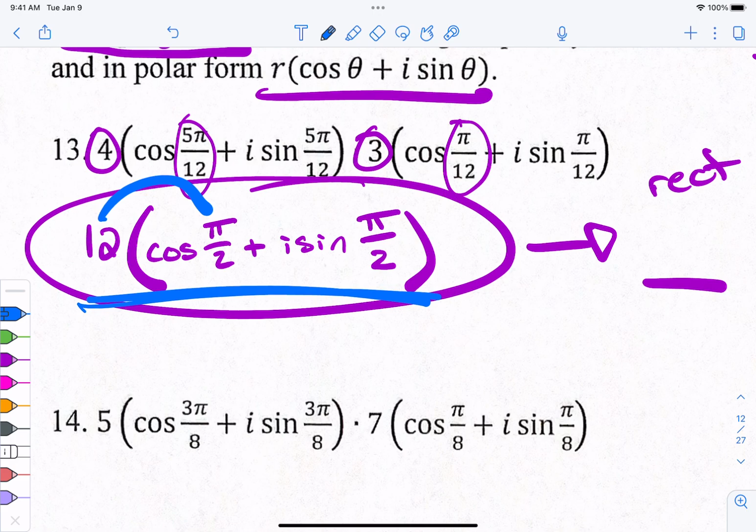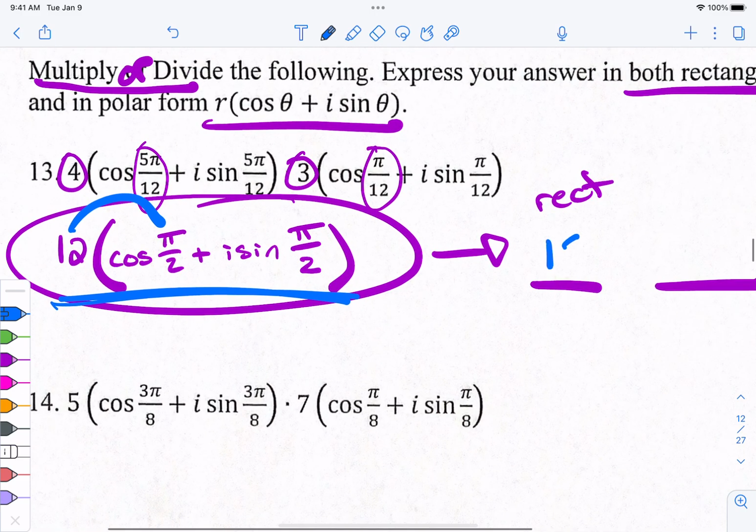But pi over 2 is not degrees, true? So this is how I know I have to be in radians. So cosine of pi over 2 times 12, somebody tell me what that is. Is it 12 exactly? No, it's 0. Because cosine of pi over 2 is 0.